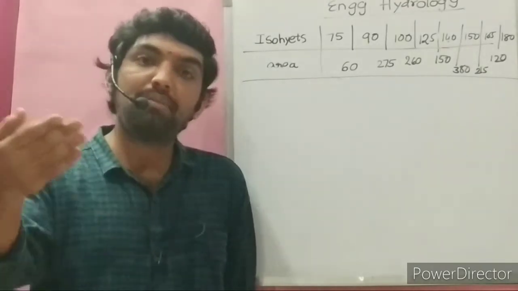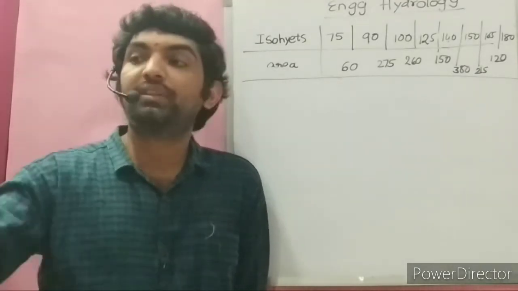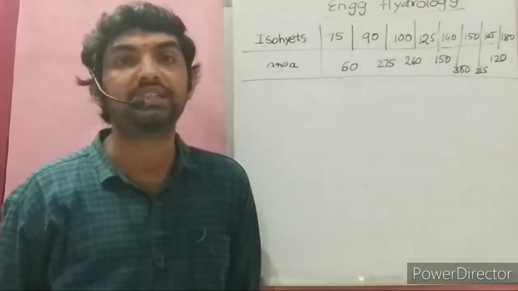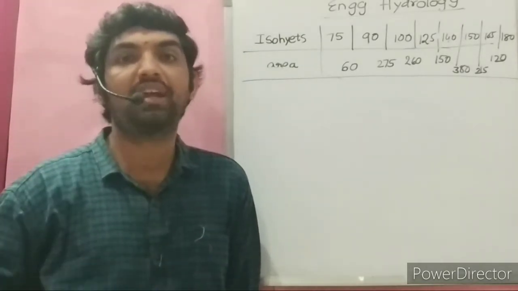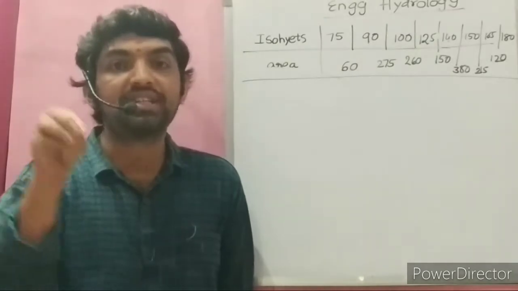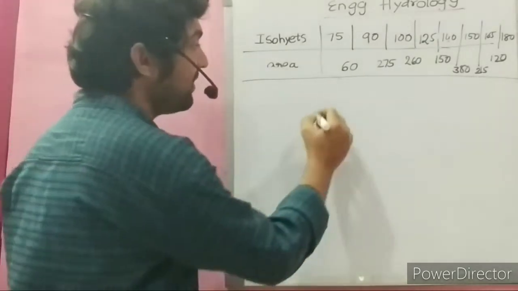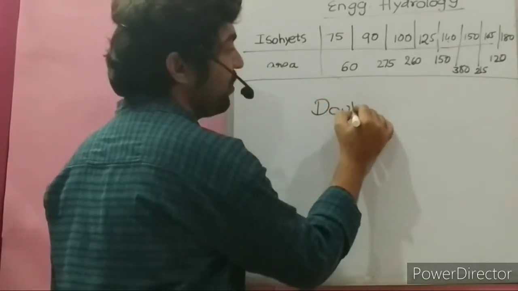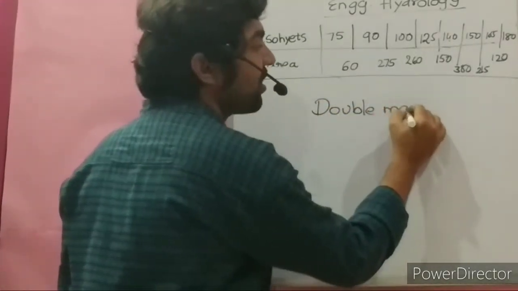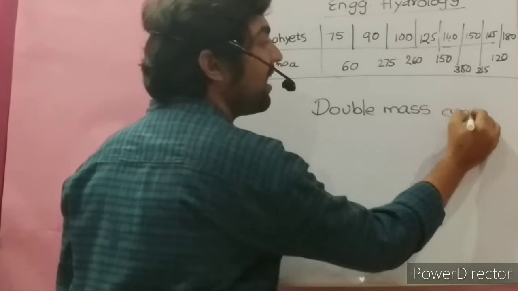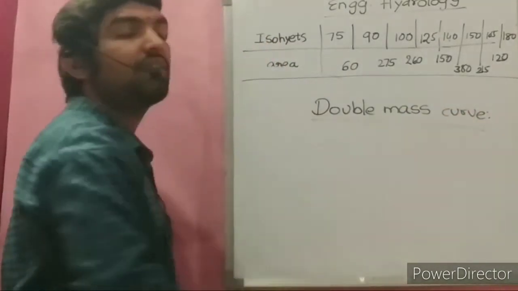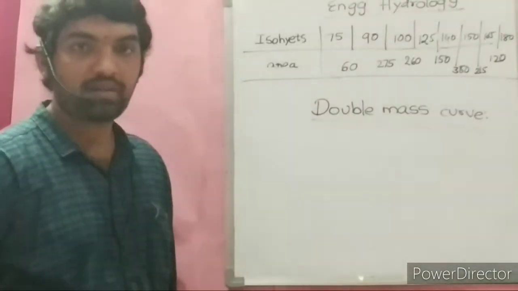Then there will be inconsistency also. Suppose the rain gauge station is shifted to a new location, there is an inconsistency in recording the data. So to check the inconsistency of records, there is a curve called the double mass curve. We use the concept of the double mass curve to check the inconsistency of the data in the measurement.